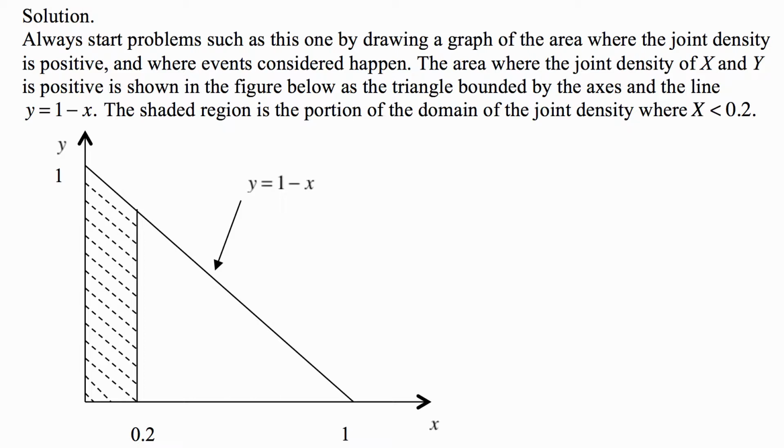The area where the joint density of x and y is positive is shown in the figure below as the triangle bounded by the x-axis, the y-axis, and the line y equals 1 minus x, below that line, because below that line x plus y is less than 1. And then the shaded region is the portion of the domain of the joint density where x is less than 0.2, because that's to the left of the value of x where x is 0.2.